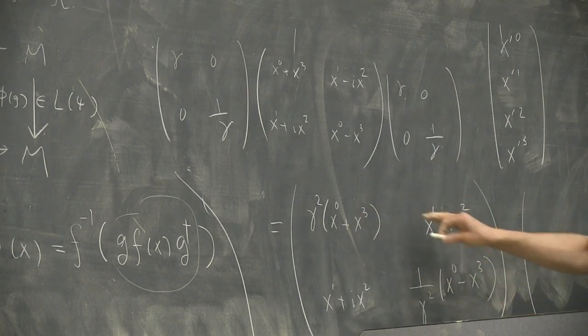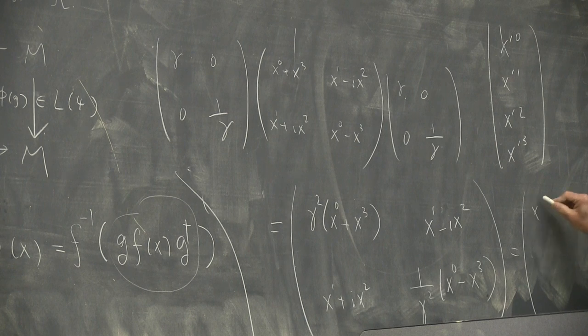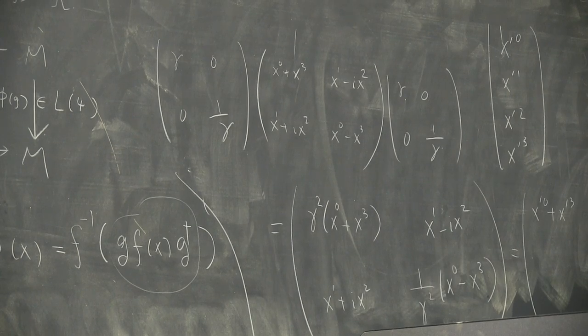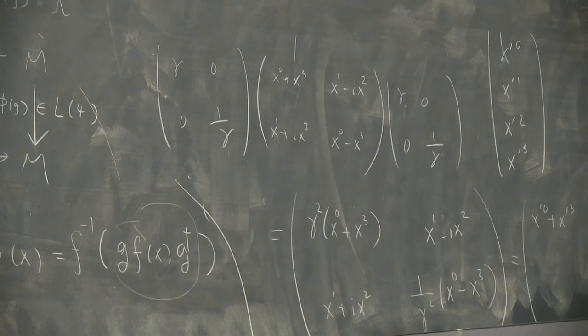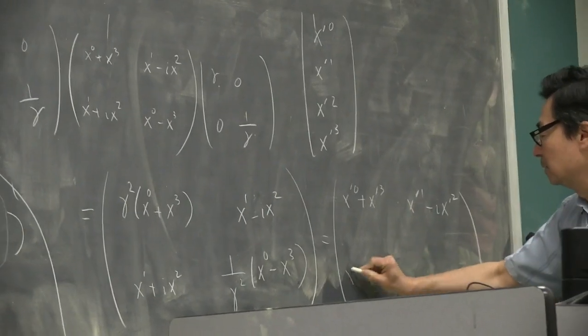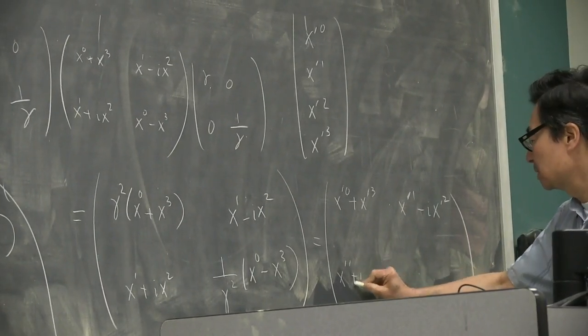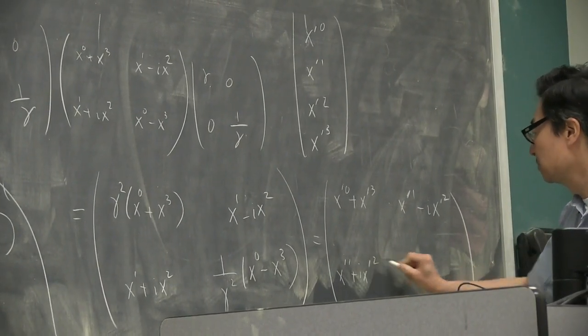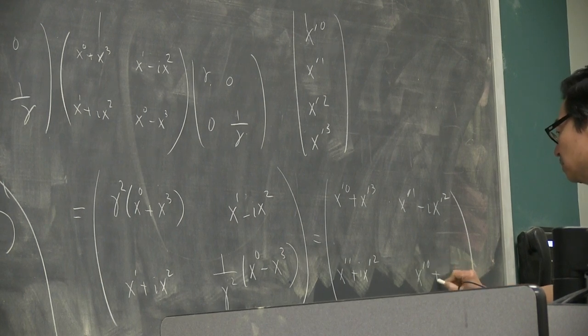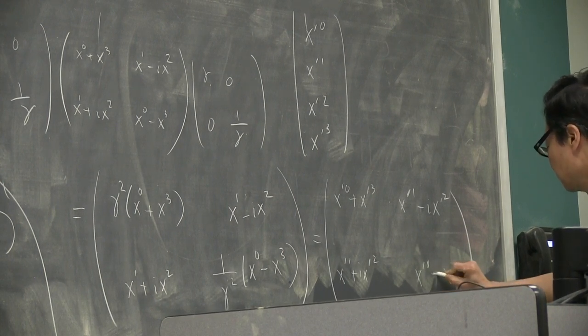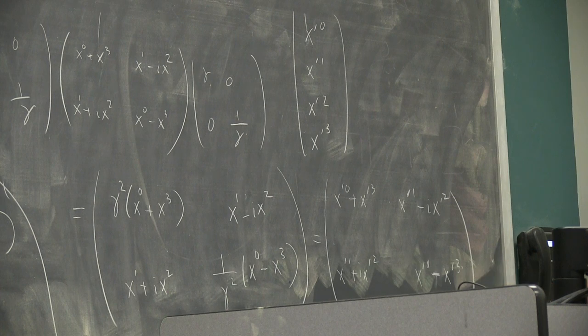That corresponds to this 2x2 Hermitian matrix in here. So this is x prime 0 plus x prime 3, x prime 1 minus i x prime 2, x prime 1 plus i x prime 2, x prime 0 minus x prime 3. Okay?